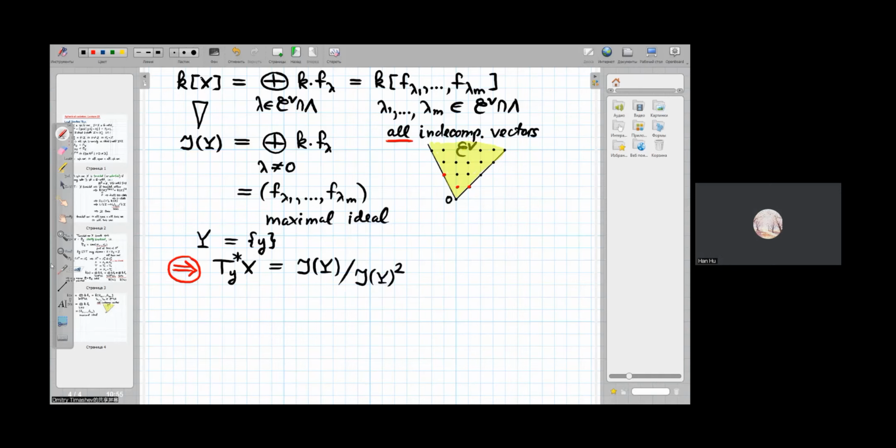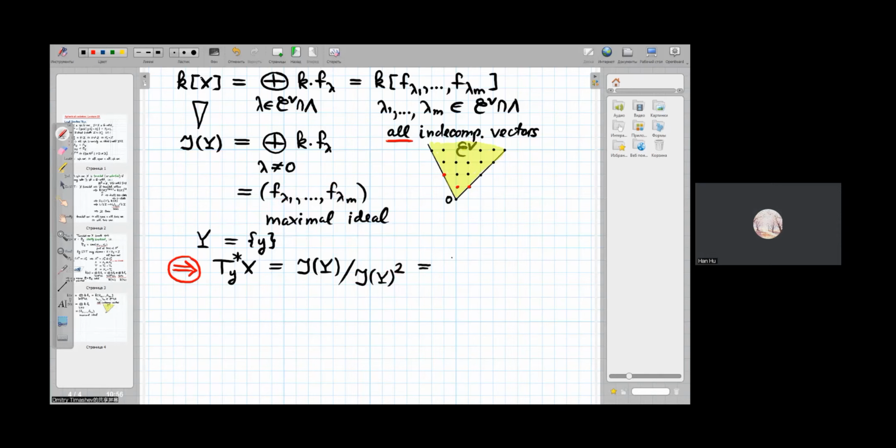Since this ideal is generated by the functions corresponding to all the indecomposable vectors in the lattice semigroup of the cone C check, its square is generated by the functions corresponding to pairwise sums of these lambdas. If you take the quotient, you get just the vector space generated by the cosets of these functions, f lambda 1, ..., f lambda m, modulo the square of this ideal, or in other words, the differentials of these functions at the point y.